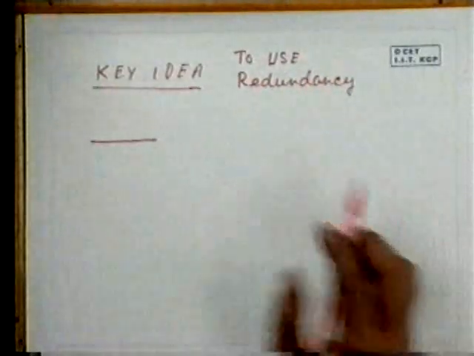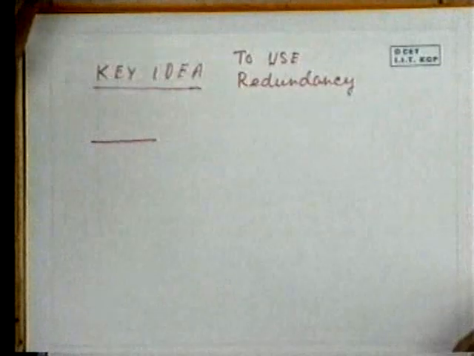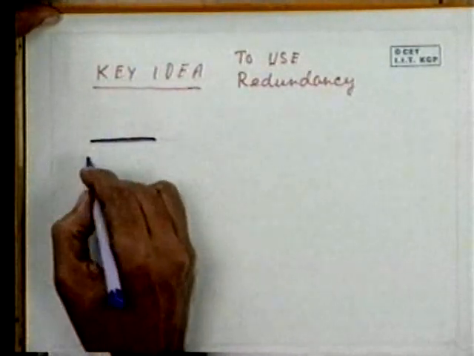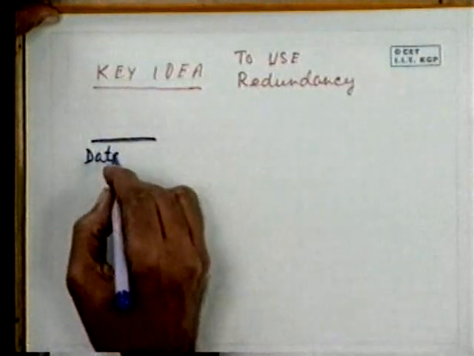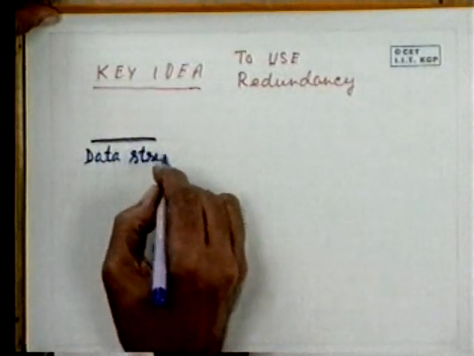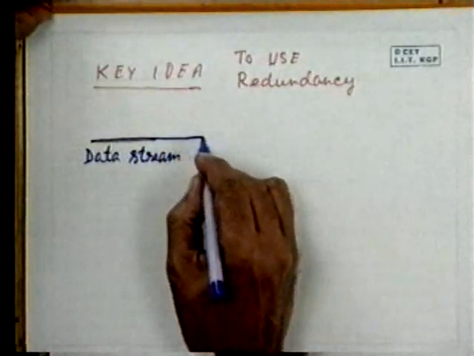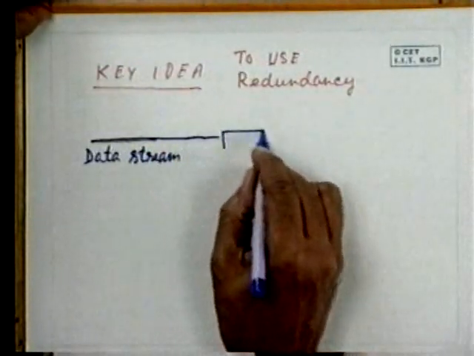How is this done? Suppose this is your data stream, say this is your data.